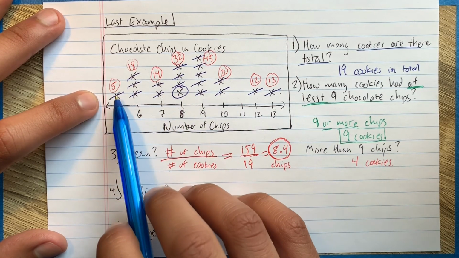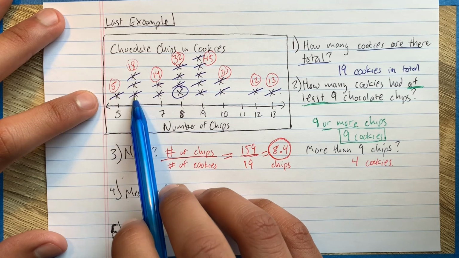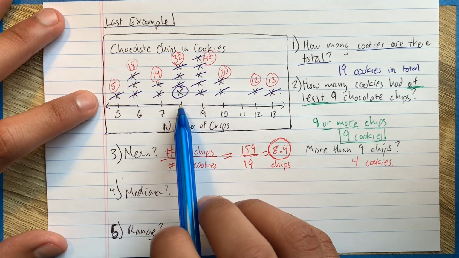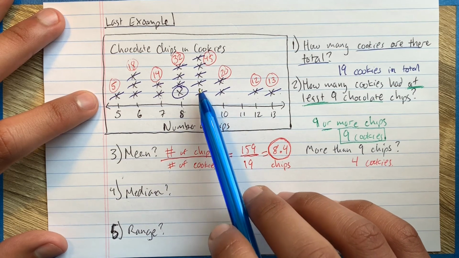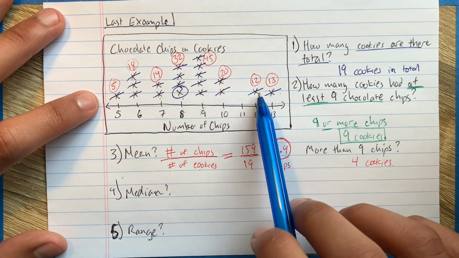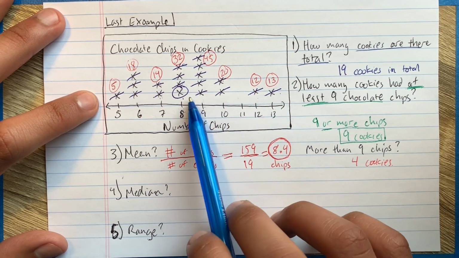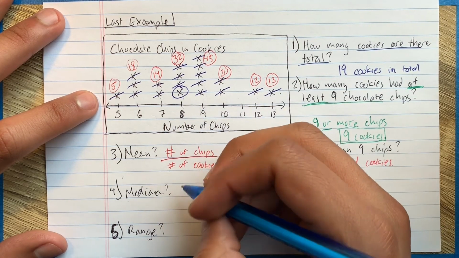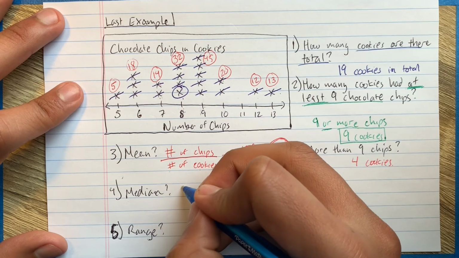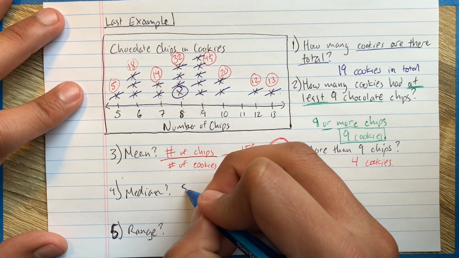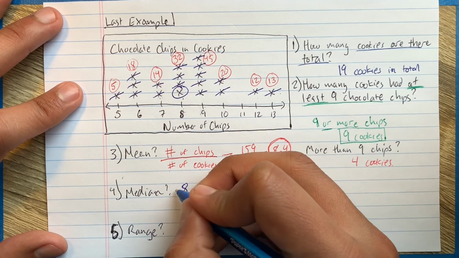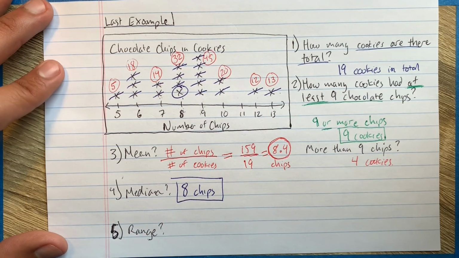So I'm just going to count to be sure. I have 1, 2, 3, 4, 5, 6, 7, 8, 9 numbers that I crossed off below 8. And then I have 1, 2, 3, 4, 5, 6, 7, 8, 9 numbers that I crossed off above 8. So that is the true median, the true middle number. So the median number of chocolate chips is 8. Not 8 cookies, 8 chips.